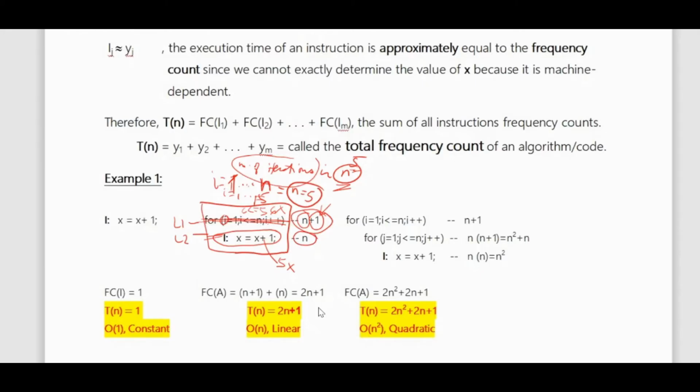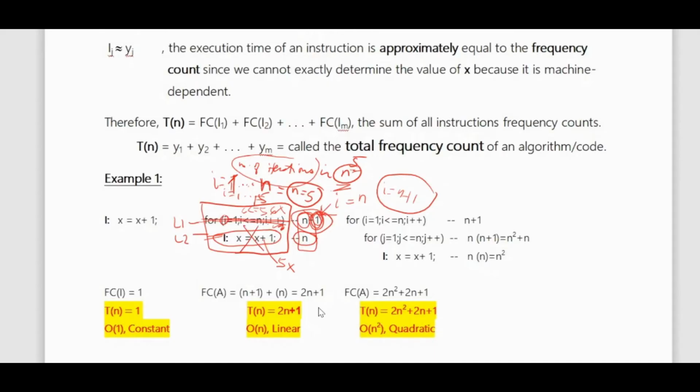Take note that the for loop heading is always executed one more time than the statement in the loop body. So this is number of iterations n, and the plus 1 here is when the value of I exceeds the upper limit, which is n. So when I becomes n plus 1, when we increment I, that's the time the condition becomes false, and this will no longer be executed.